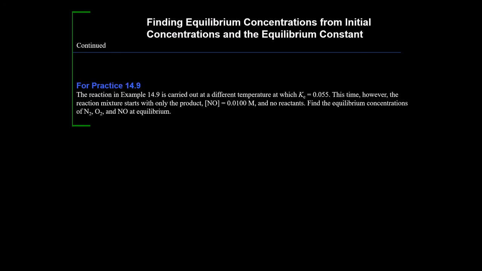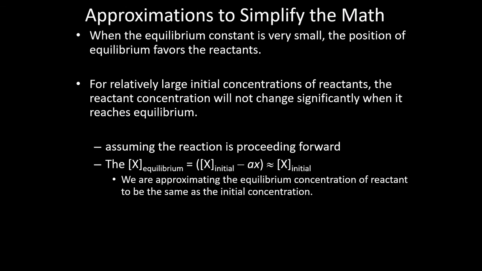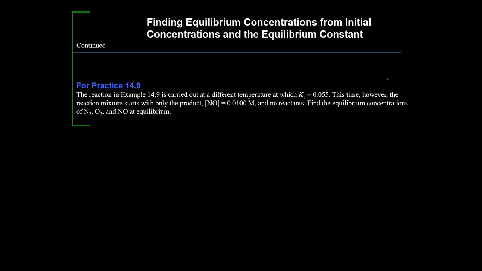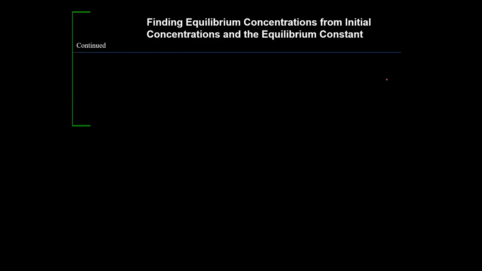All right, and so there's another practice problem if you want to get a little bit of practice on that, but I don't think I have the answer shown there. So that was a lot of work for just a single problem there, but it does become a little bit easier as you get some practice with it.